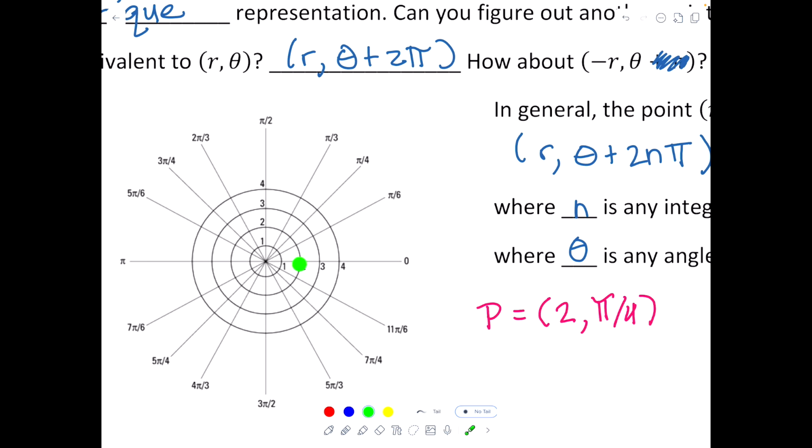And then you go around that circle to pi over 4. Isn't that kind of cool? So this point P will be right about here. This is point P.